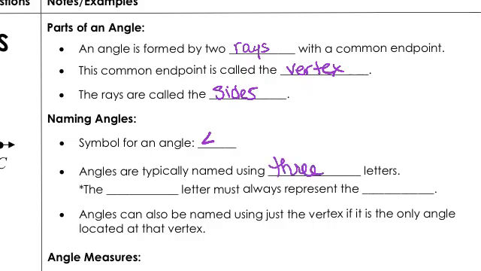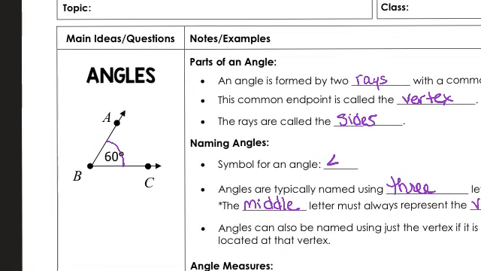And the middle letter must always represent the vertex. Here, this is angle ABC, and B represents the vertex.